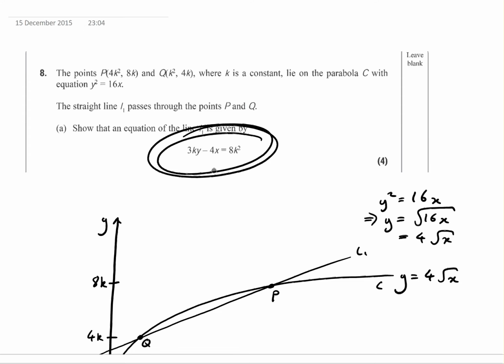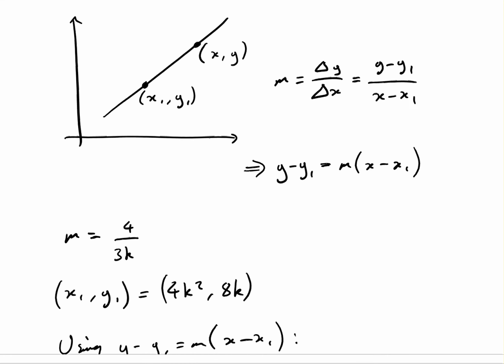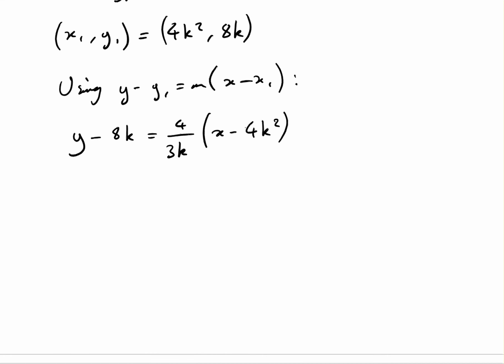So 3ky minus 4x equals 8k squared. Right. So let's just multiply through by 3k, because we've got a denominator here. There's loads of different ways that you can do this. This is just the way which I'm going to do it. I'm going to get rid of the fraction first, because I don't like dealing with fractions.